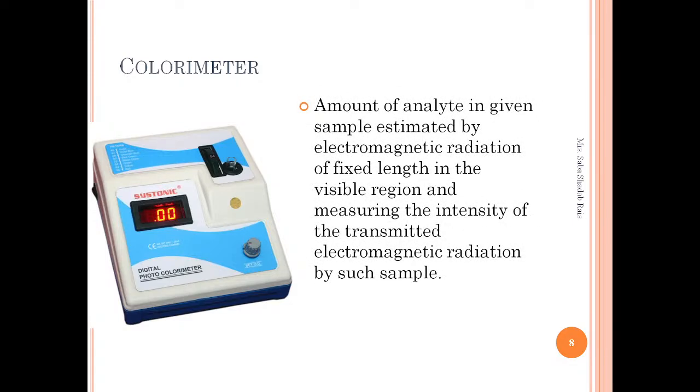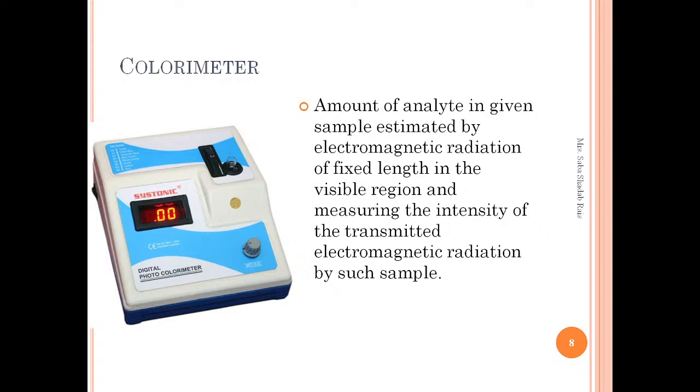So how can we do it, and what is the principle of this particular machine? The principle of colorimeter is that the amount of an analyte in a given sample, when placed in a cell of known path length, may be estimated by allowing light of a certain fixed wavelength to interact with it. Here the most important thing is that we should know how much path the light is going to follow.